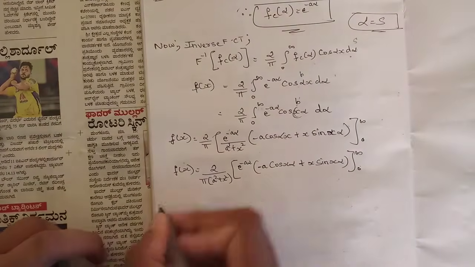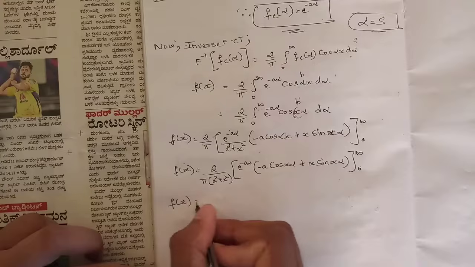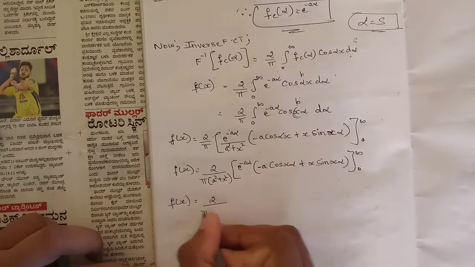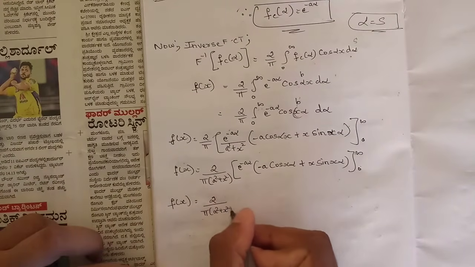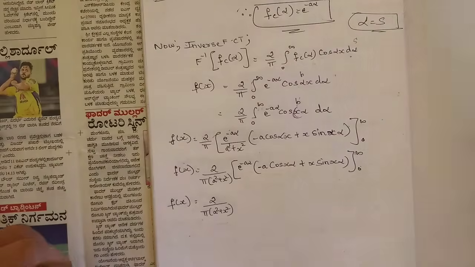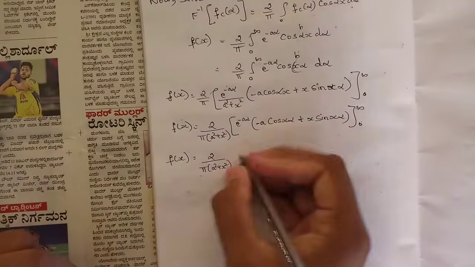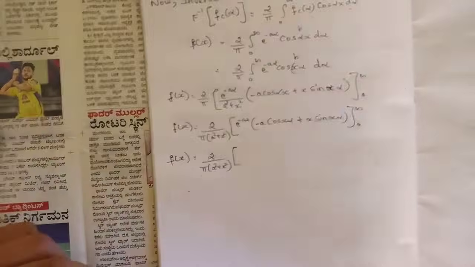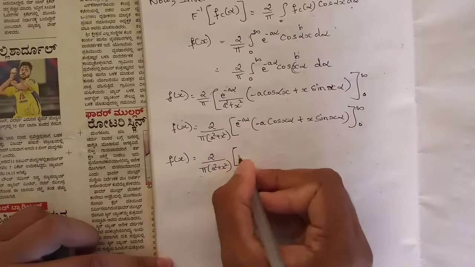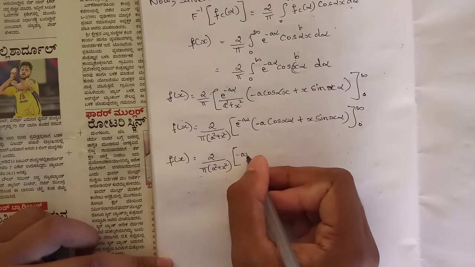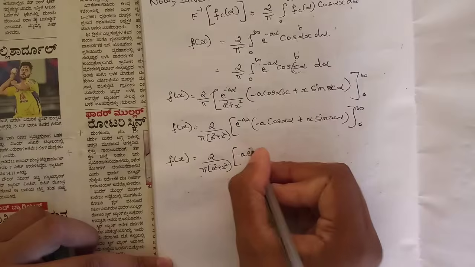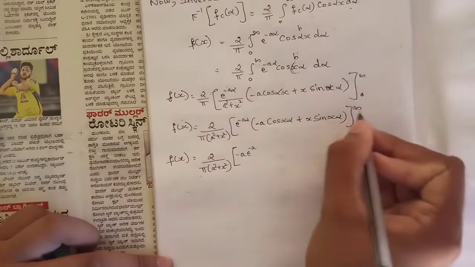Now apply the limits. 2 by pi into a square plus x square into, now multiply these terms, that is minus a e power minus a alpha.